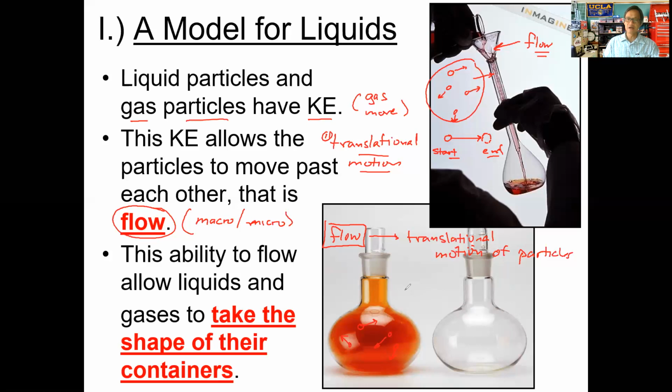With a liquid also, as you pour it from a beaker or an Erlenmeyer flask into this volumetric flask, the liquid assumes the shape of the container. So the flowing nature of a liquid can be explained in terms of its translational motion.